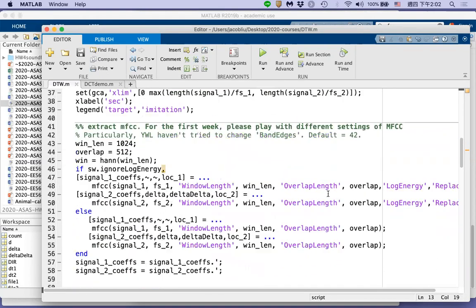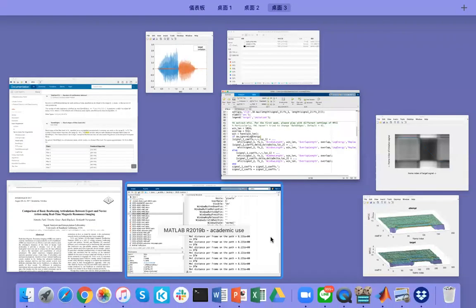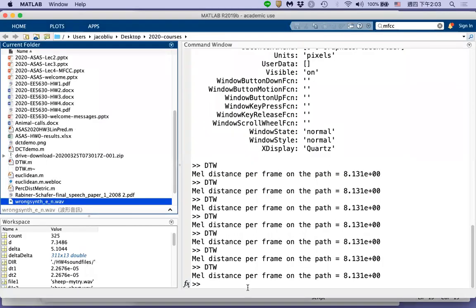You can change that, change the window length, or change whether or not you want to overlap; there are different things you can try. The result is stored in the coefficients. If we look at the size, the coefficients will be, let me just type whos.